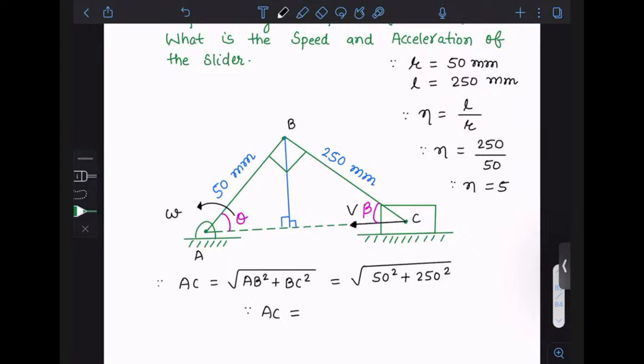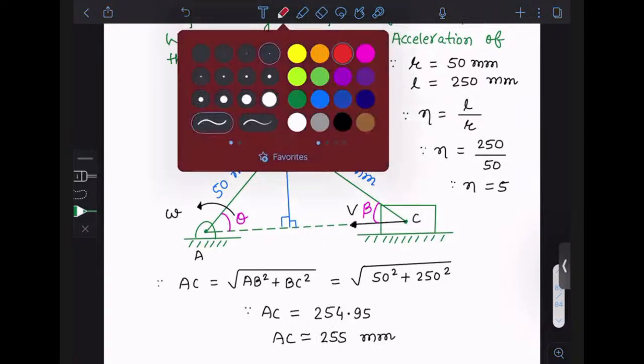It is going to be root of 50 square plus 250 square. The answer is 255. This is your AC, right?